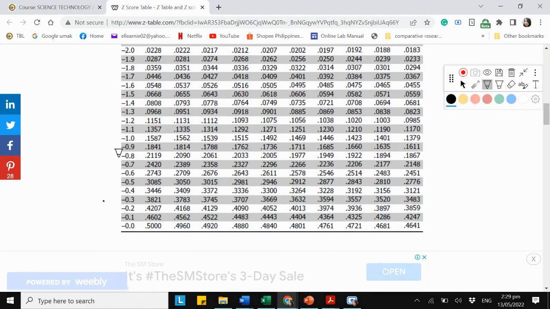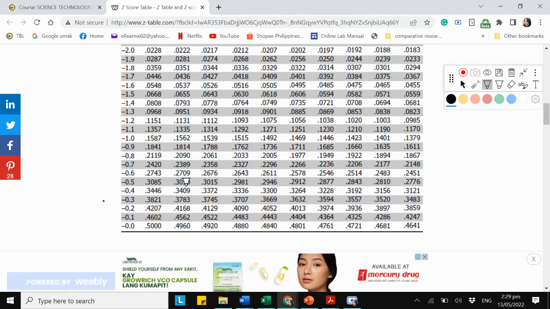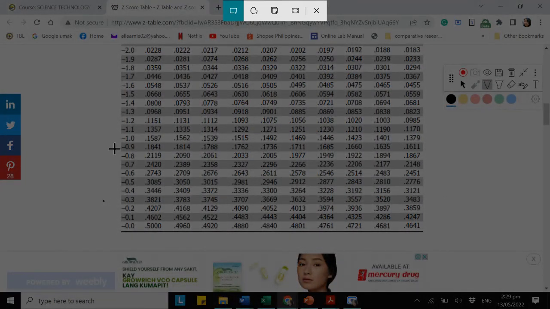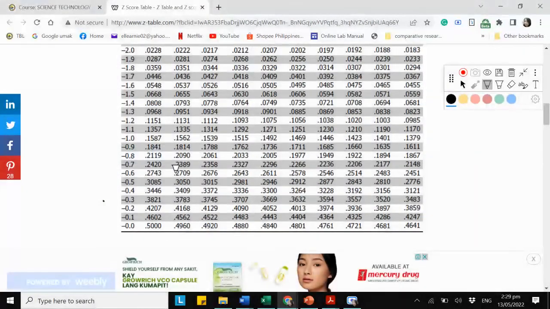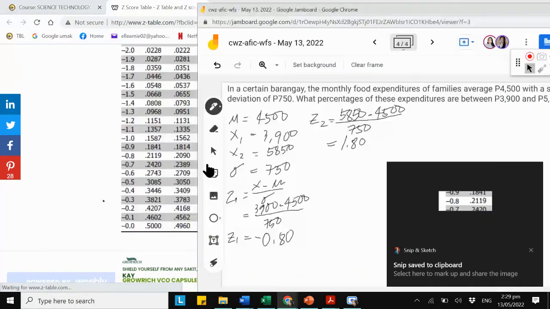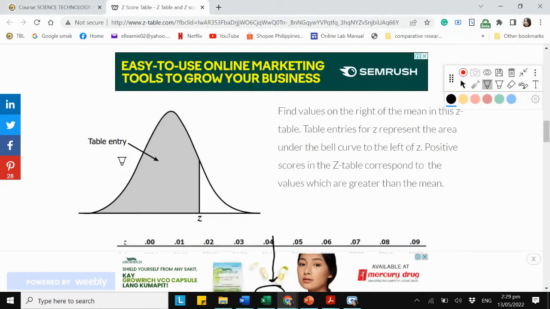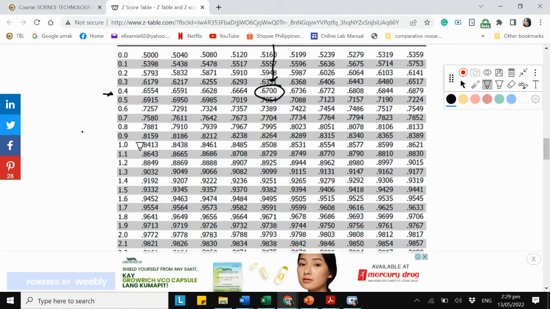So, negative 0.8, dito tayo sa taas. Si negative 0.8 is 0.2119. Yung isa naman is positive 1.80. Yan, 1.8.